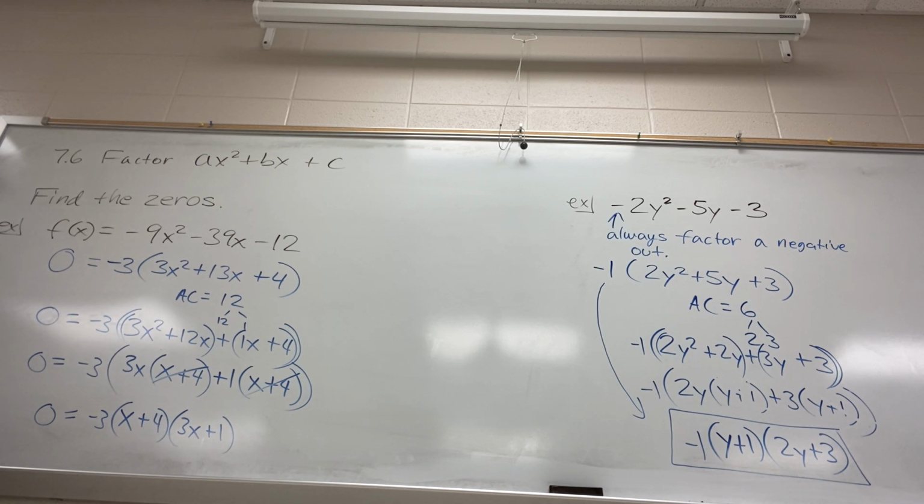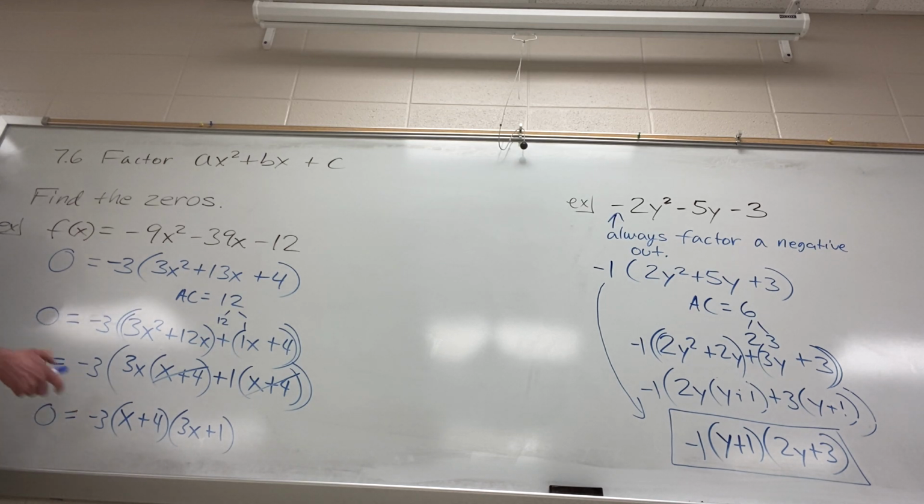So this -3, you can handle a couple different ways. One thing you could do is use the zero product property and say -3 is equal to 0. But does that give you a reasonable answer? Does that even make sense? So you would just throw it out. And then you'd also set x plus 4 equals 0 and 3x plus 1 equals 0.